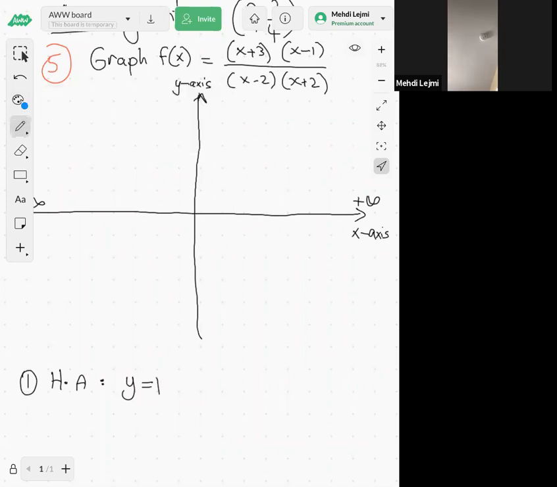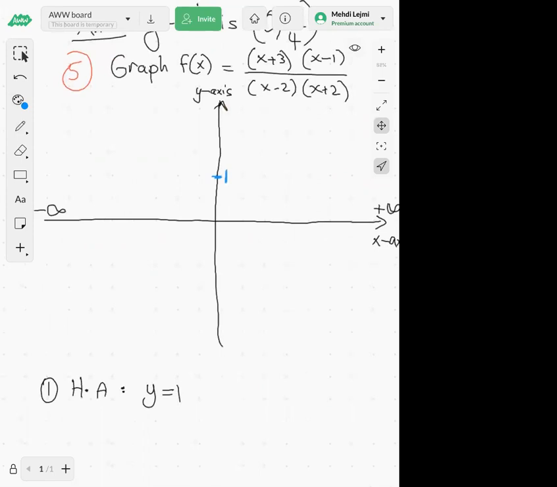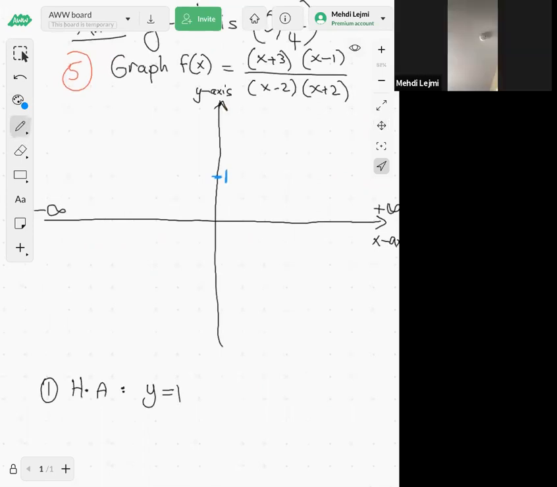I'm going to need 1 here, right? And my horizontal asymptote would be this line. It passes through y equals 1. So let me write it here, y equals 1. Okay, that's my horizontal asymptote. Next.